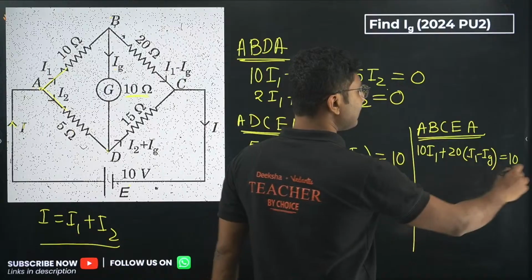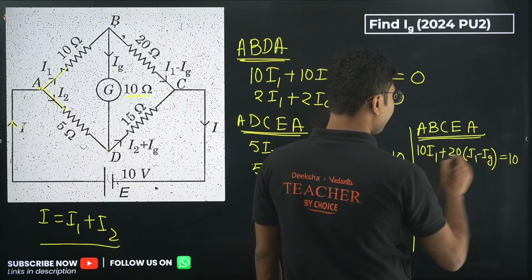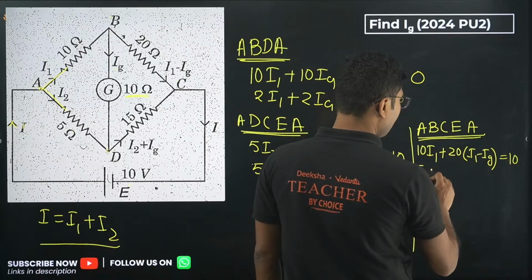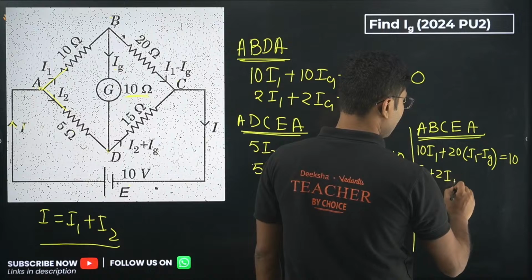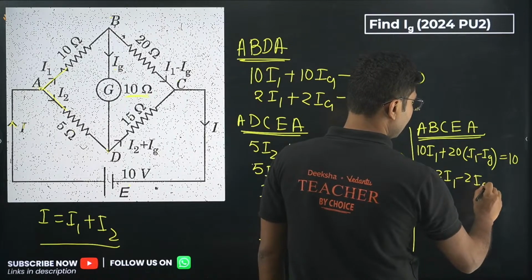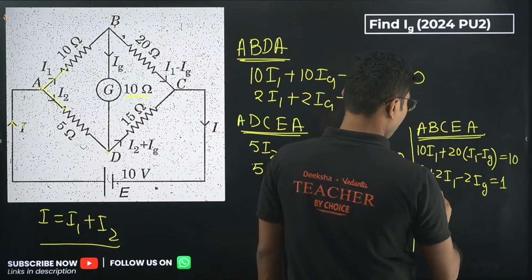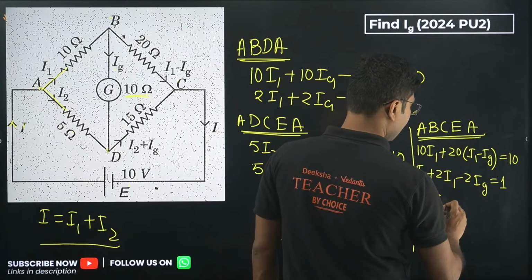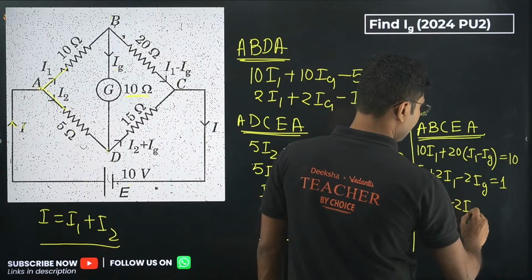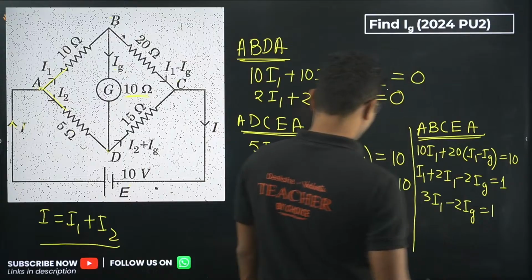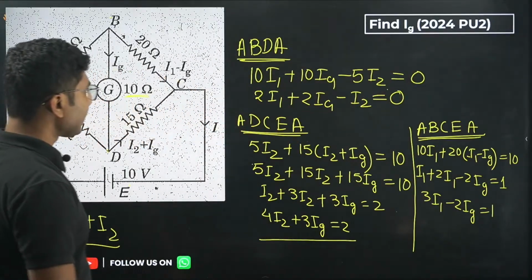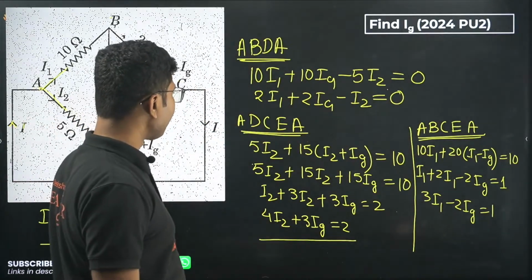Now everything is a multiple of 10, so we can divide everything by 10. We get I1 plus 2I1 minus 2Ig equals 1. Okay, so 3I1 minus 2Ig equals 1.